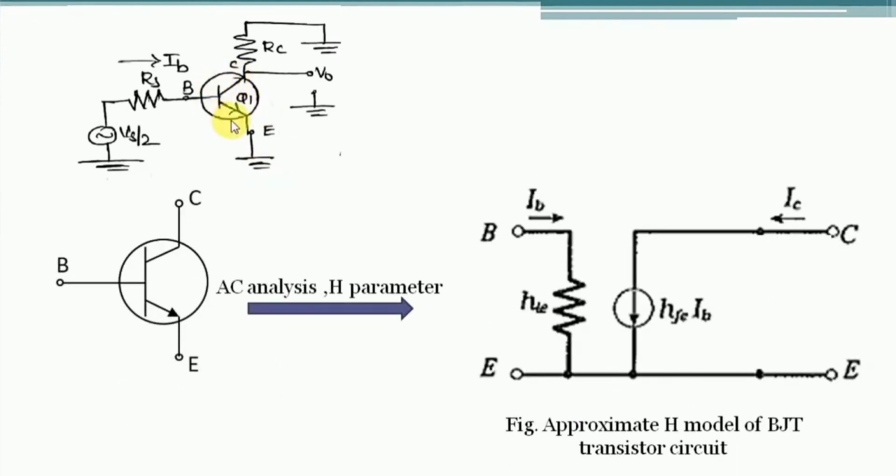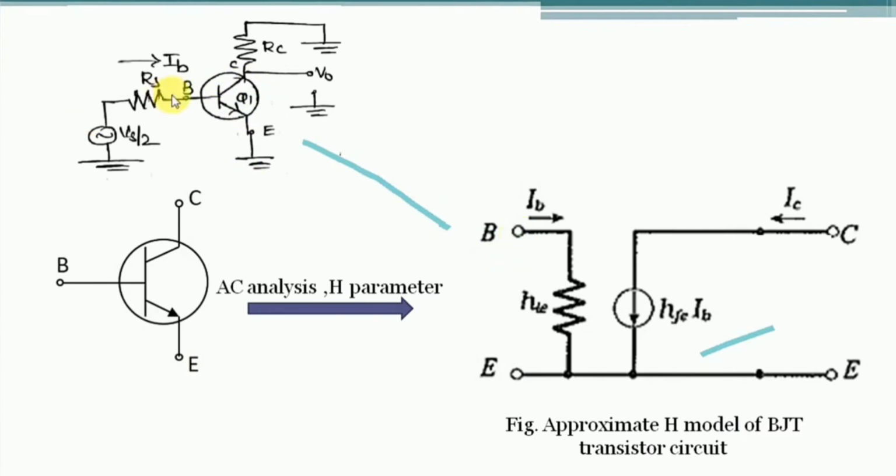And for this transistor Q1, the approximate H model of this BJT is simply HIE and HFE-IB.